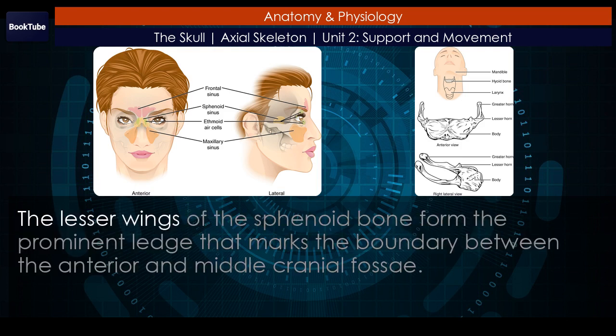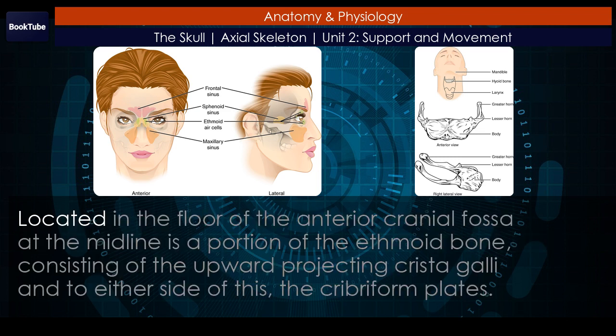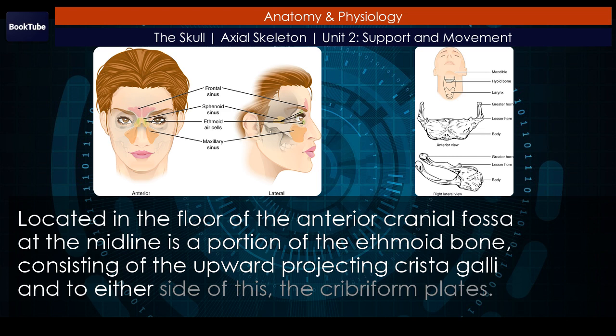The lesser wings of the sphenoid bone form the prominent ledge that marks the boundary between the anterior and middle cranial fossae. Located in the floor of the anterior cranial fossa at the midline is a portion of the ethmoid bone, consisting of the upward projecting crista galli and, to either side of this, the cribriform plates.